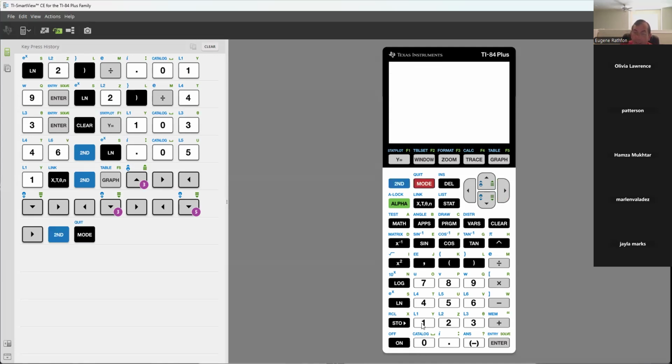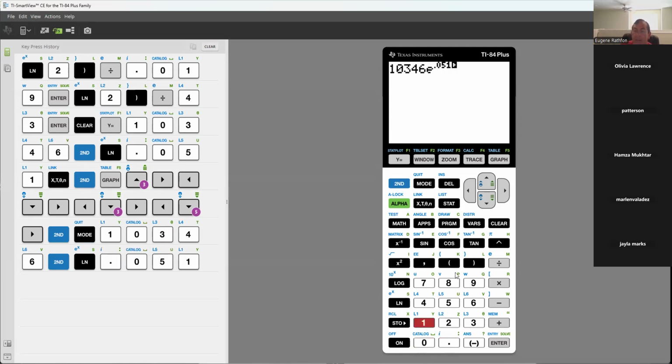Otherwise, you would have to come in and go 10,346, second ln to get the E, and then you would have 0.051. So we had 1 year first, so you'd have to multiply that by 1 and enter.